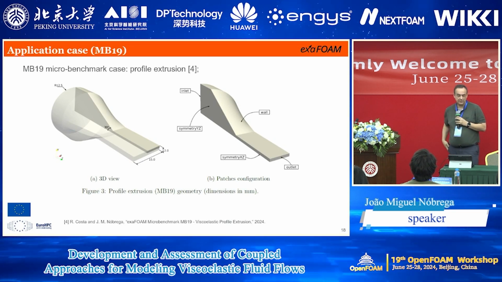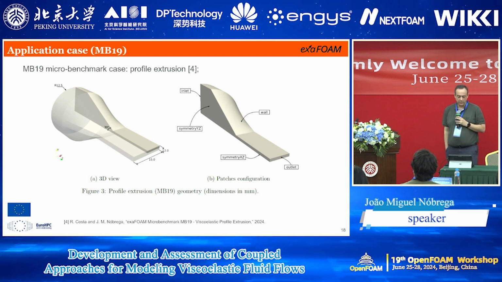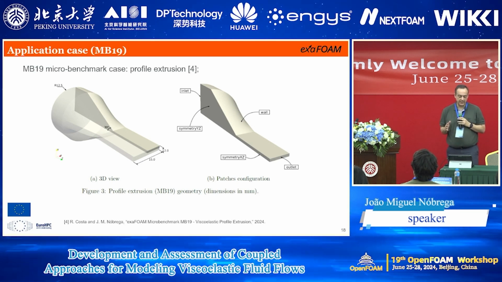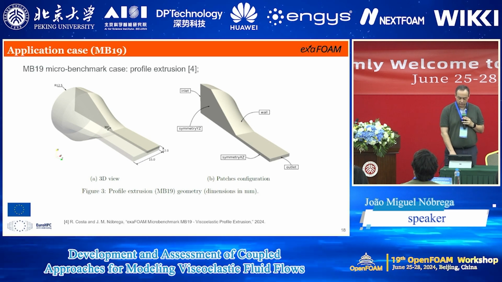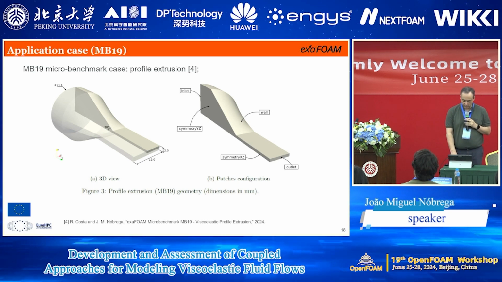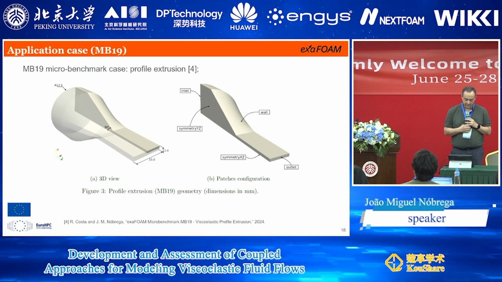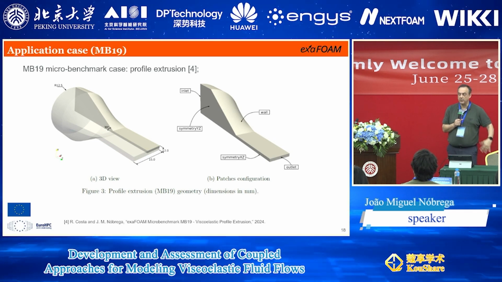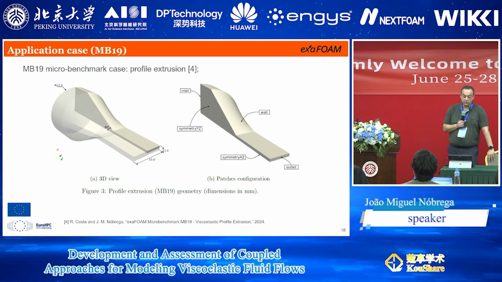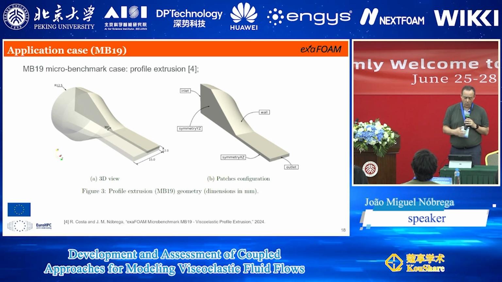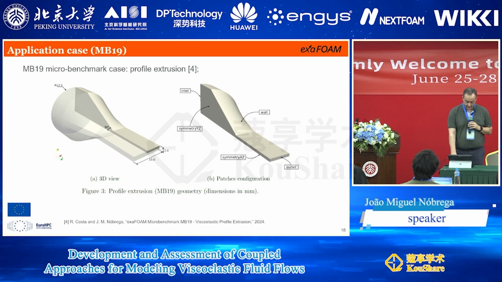We tested 3 cases. I will show you results of mainly 2 of the cases that are close to the industrial cases, because, as I mentioned in the beginning, the purpose is to improve our ability to deal with industrial cases.